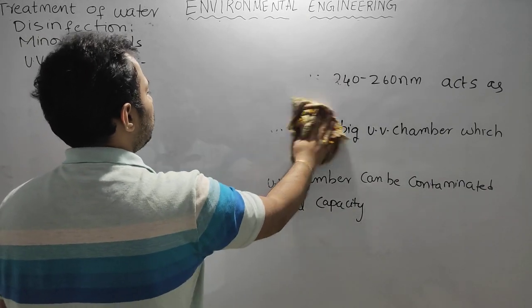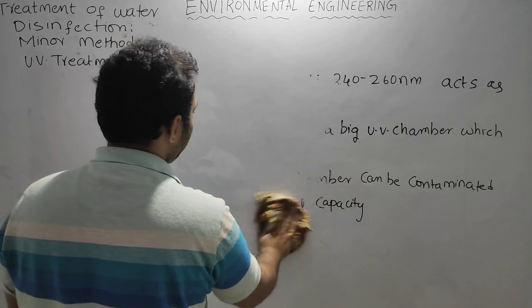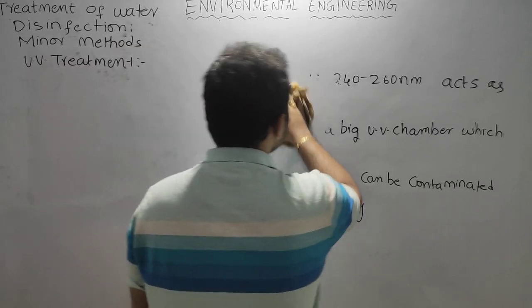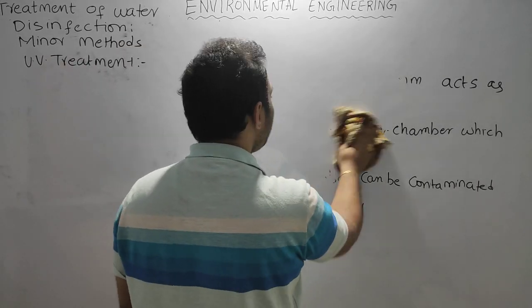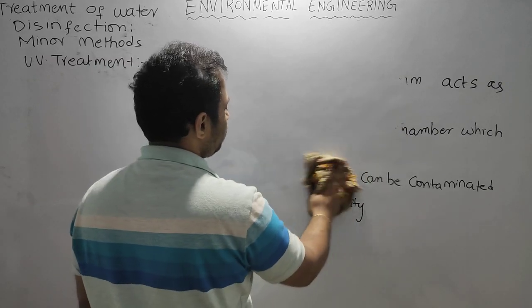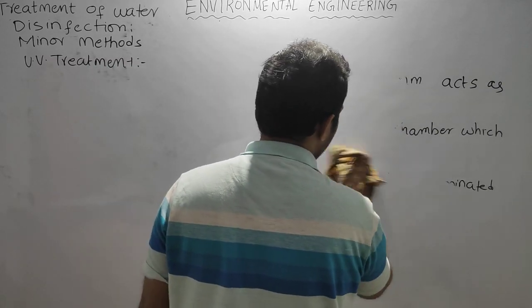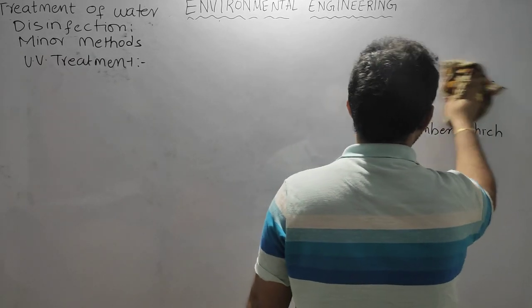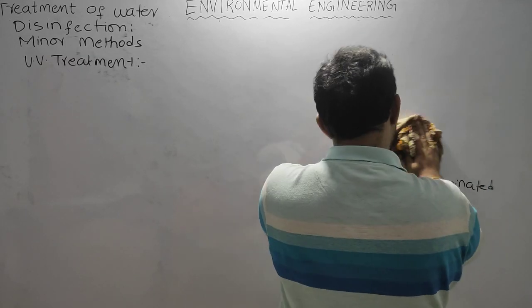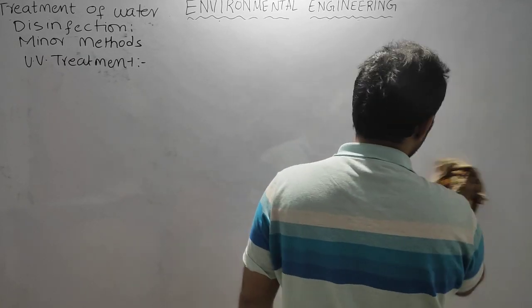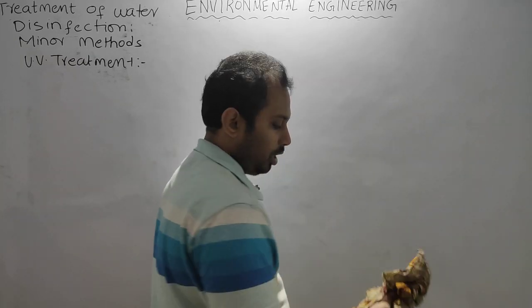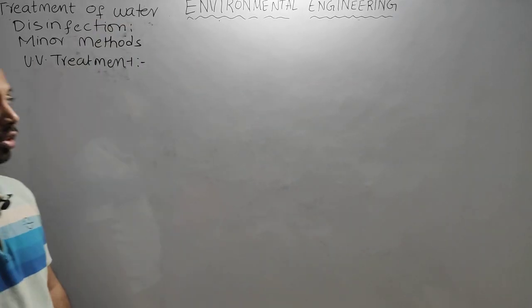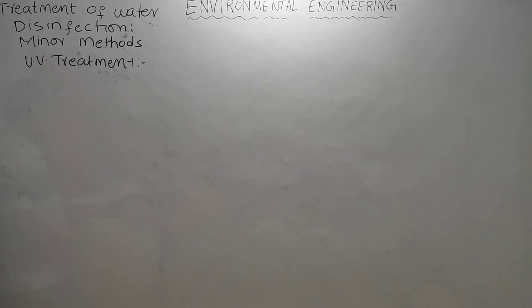How much time you have kept the water in contact with the UV ray, that means inside the UV chamber. That is what the dosage of UV ray is. If you know the dosage of UV ray, we can find the number of organisms being killed and the number of organisms present inside the water.